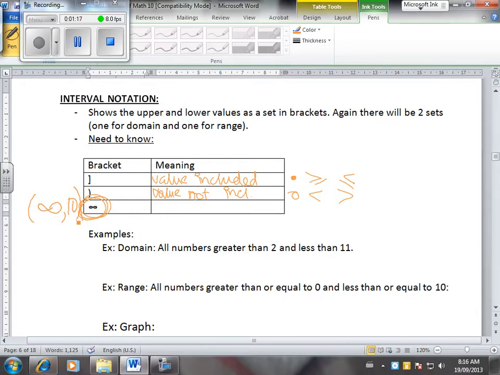Likewise, if your graph looked like this, -1 to whatever, you draw your lower limit, and then infinity would be your upper limit. And infinity always, always, always gets one of these brackets, because remember that infinity is not an actual number, it's just a concept.